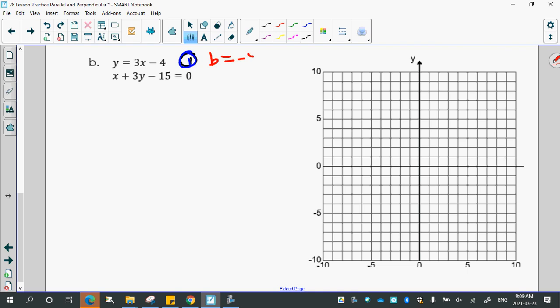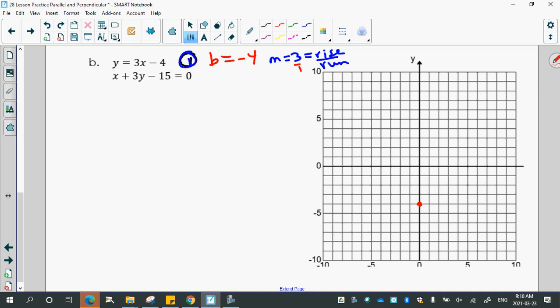The y-intercept is -4. And the slope is 3, which is my rise over my run. Which means my run is that invisible 1.